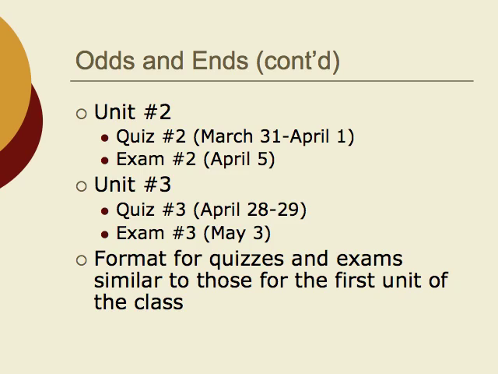The second unit examination is on Tuesday, April 5th. Unit exam number 3 is on the 28th and 29th of April, and your last unit examination is during finals week, on Tuesday, May 3rd. You're going to find that the format for the quizzes and the exams is pretty similar to what it was for the first unit for the class, so there shouldn't be any surprises.